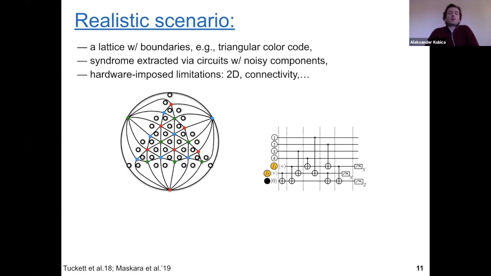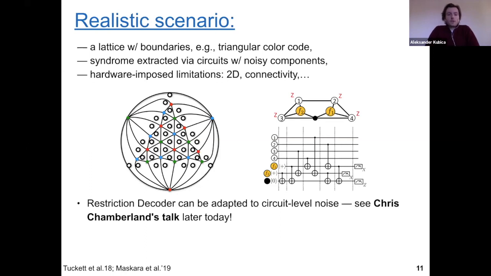And we may also want to impose some hardware limitations, such as qubits have to be placed on a 2D plane, and we can implement CNOTs only between nearest neighbors. So it turns out that the restriction decoder can be adapted to the circuit level noise model, and we can also satisfy those hardware imposed limitations.